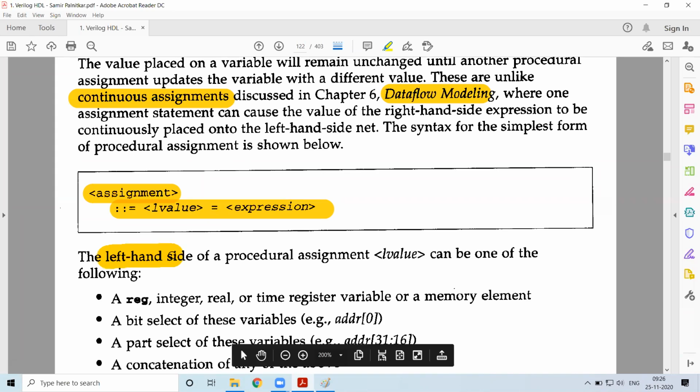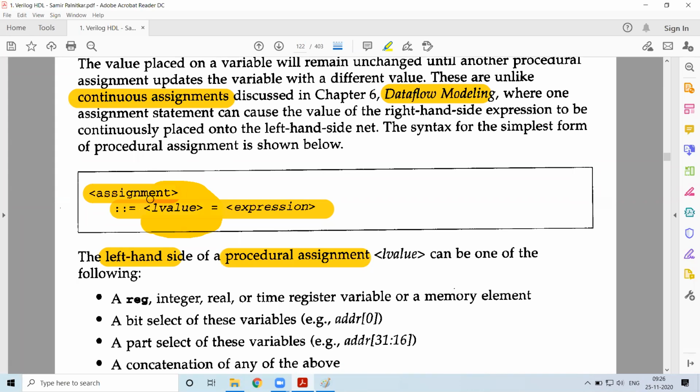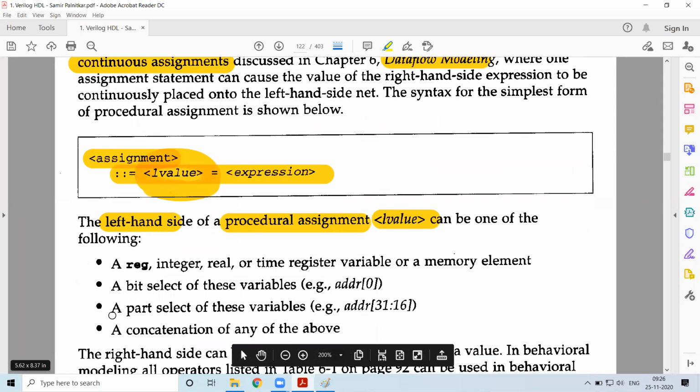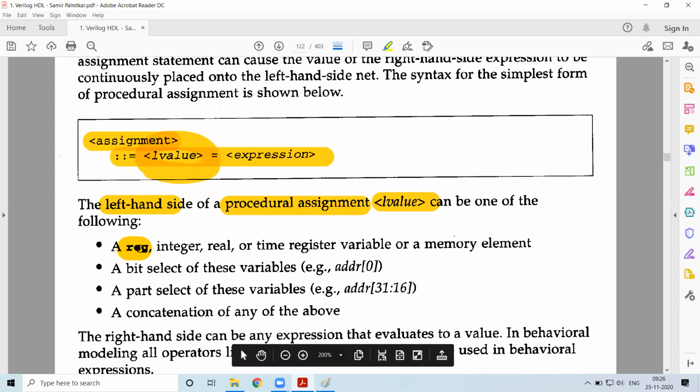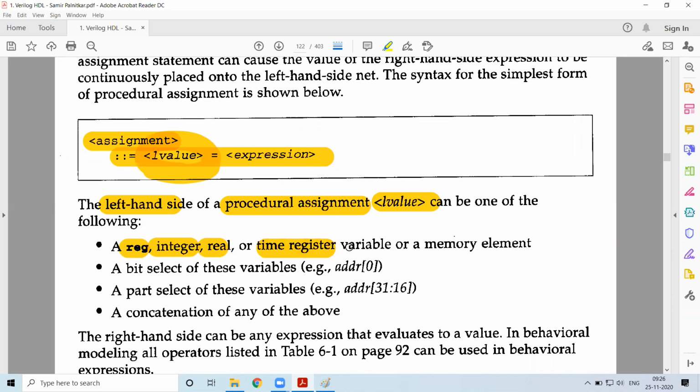Now here, the left-hand side of the procedural assignment, that is this part, can be any one of these. That is, it can be a register data type, integer data type, real data type, or time register data type variable. Or it can also be associated with a memory element.